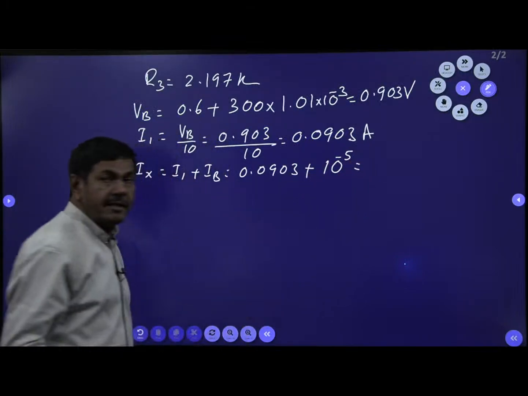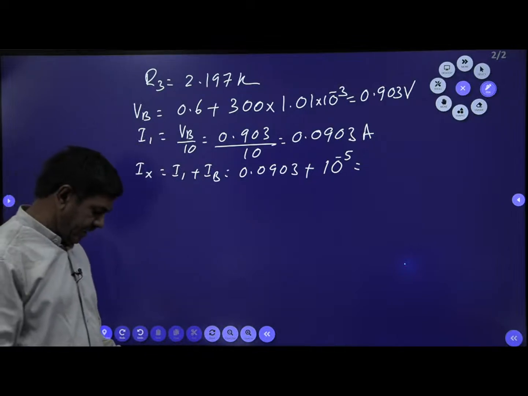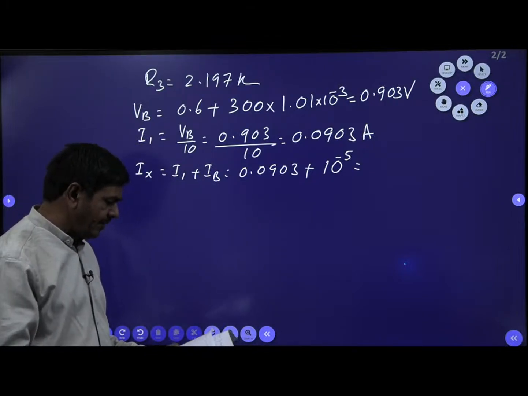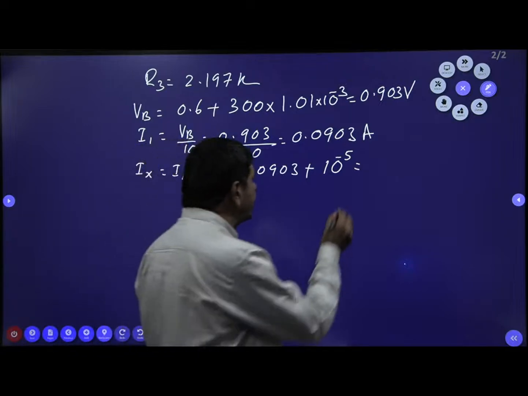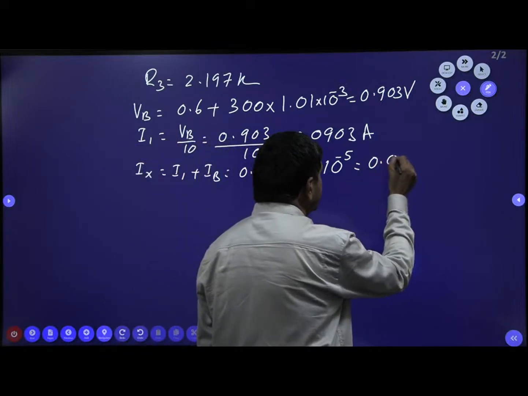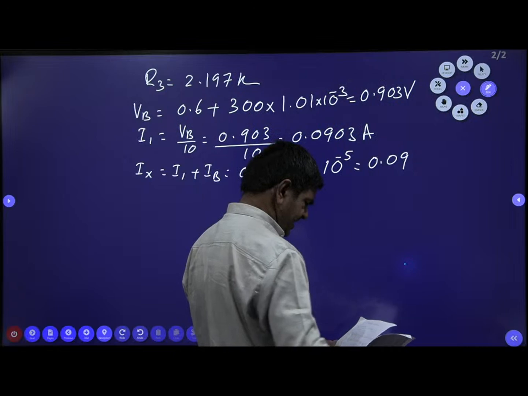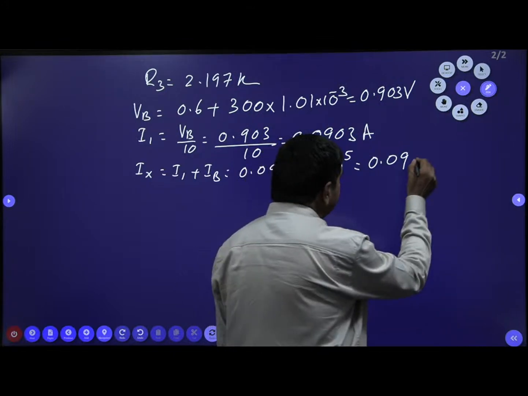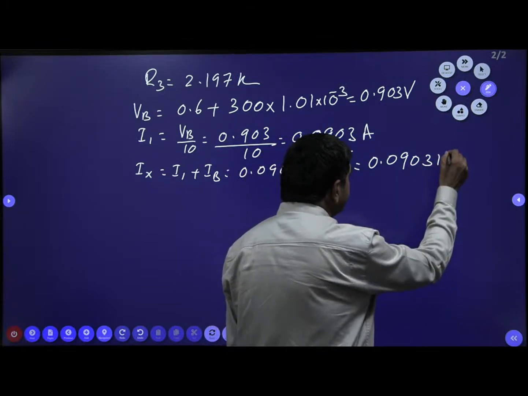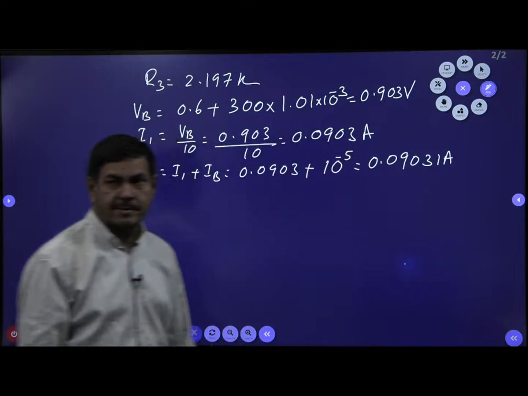Now you can get the Ix value. Ix is 0.090931 amperes of current.